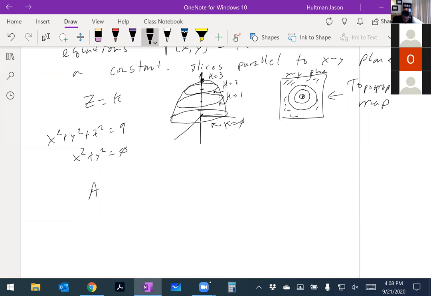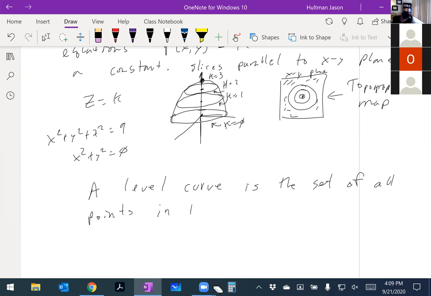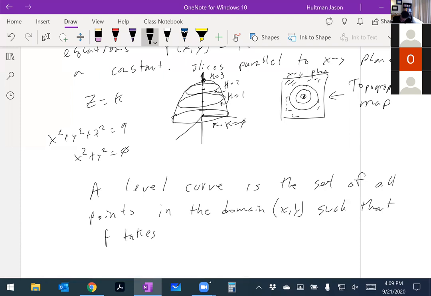A level curve is the set of all points in the domain xy such that f takes on a given value of k.